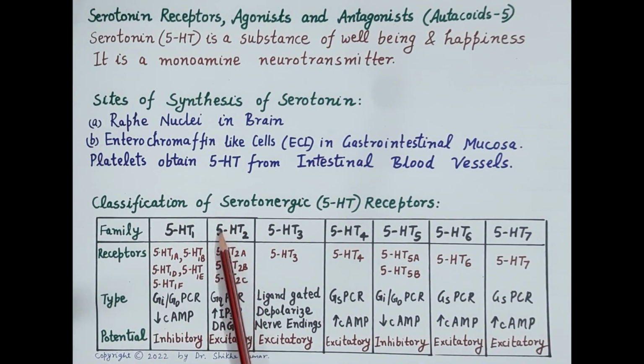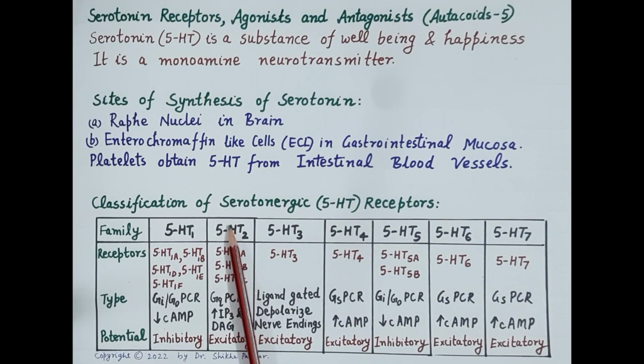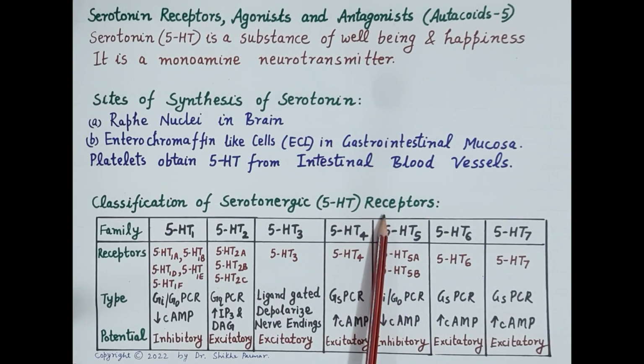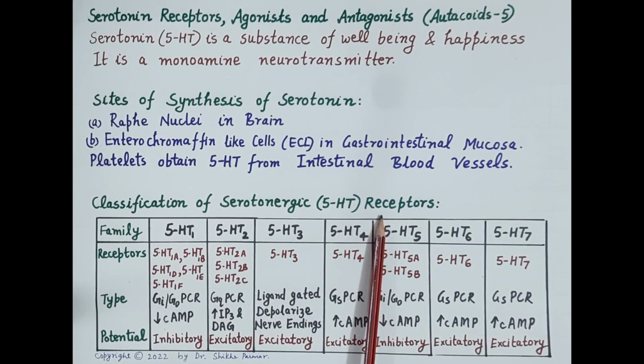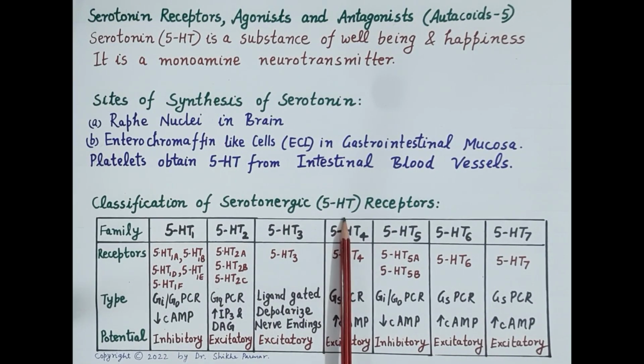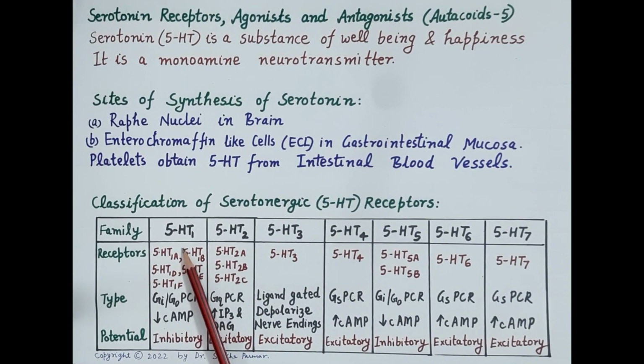Now, in order to understand pharmacology of 5-HT agonists and antagonists, let's quickly review classification of serotonergic or 5-HT receptors. Serotonin receptors are found in the central nervous system as well as in the peripheral nervous system, and these receptors mediate excitatory as well as inhibitory responses. 5-HT receptors are divided into 7 families, namely 5-HT1 family, 5-HT2 family, then 3, 4, 5, 6 and 7 family.